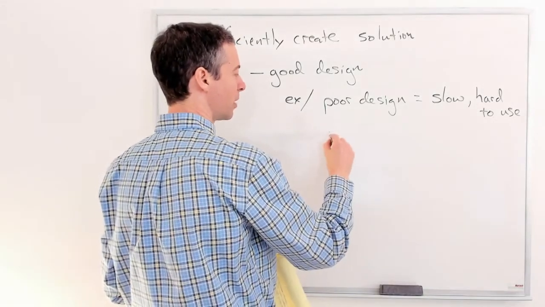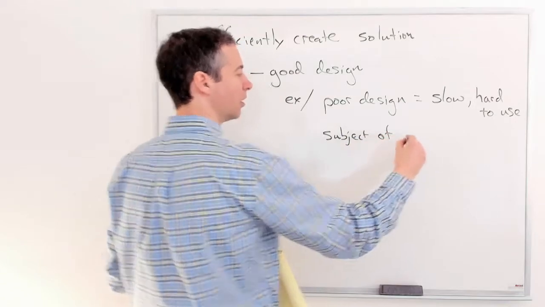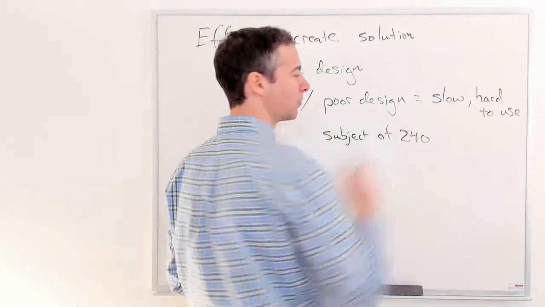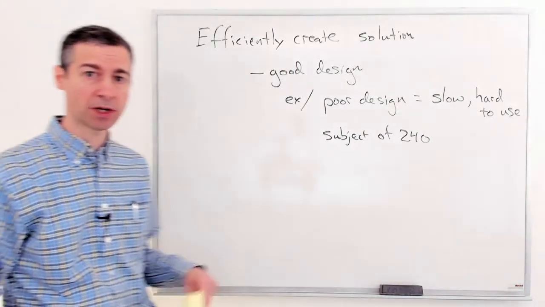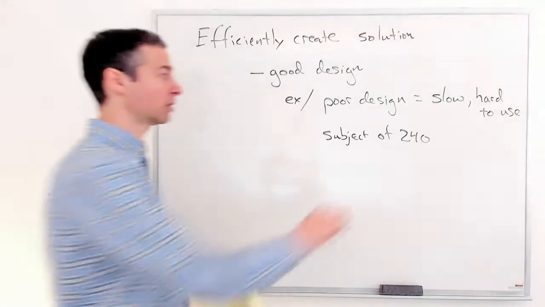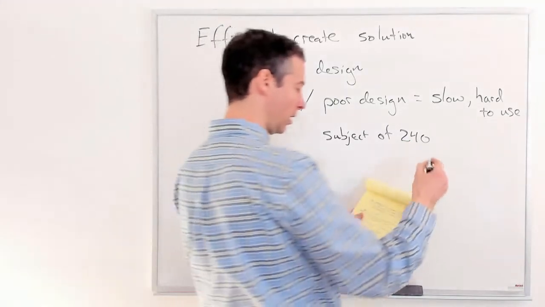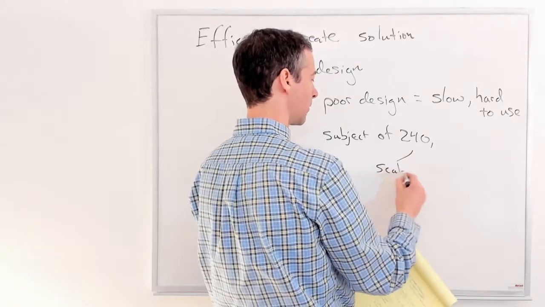This is the subject matter of MSci 240. How do we scale our algorithms with a larger input size? How do we make things efficiently run? How do we get things to go quickly? That's 240. So this is how do we scale things?